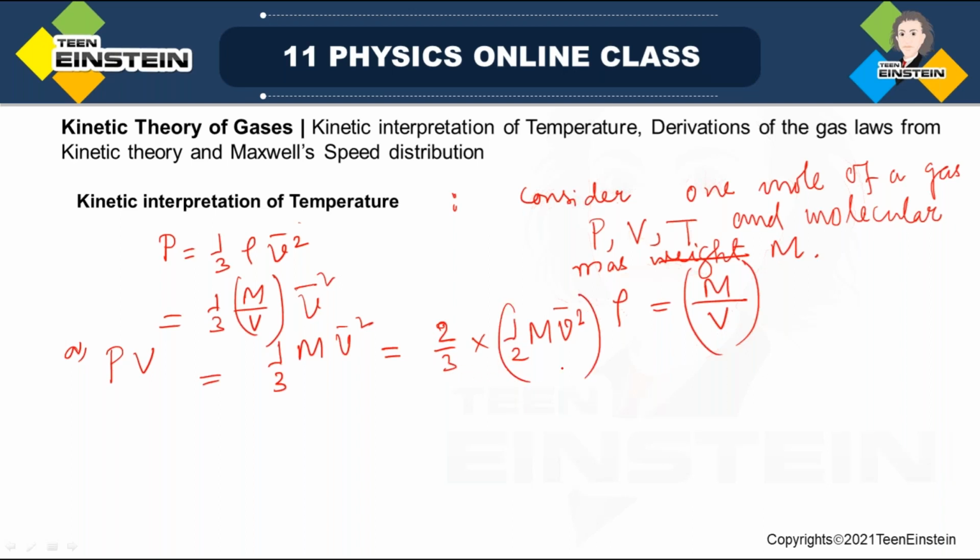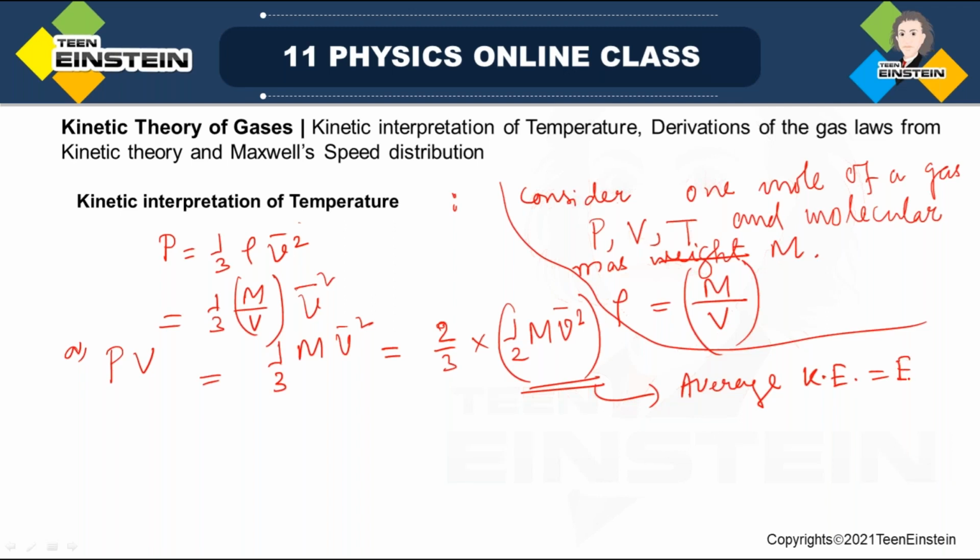So this part is actually called average kinetic energy of a gas, and that is denoted by capital E. So PV is equal to 2/3 into E. So this we can write.